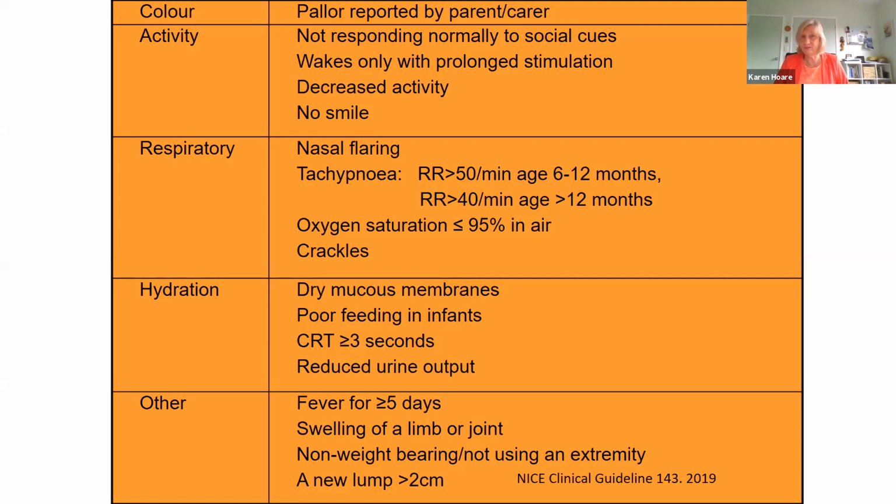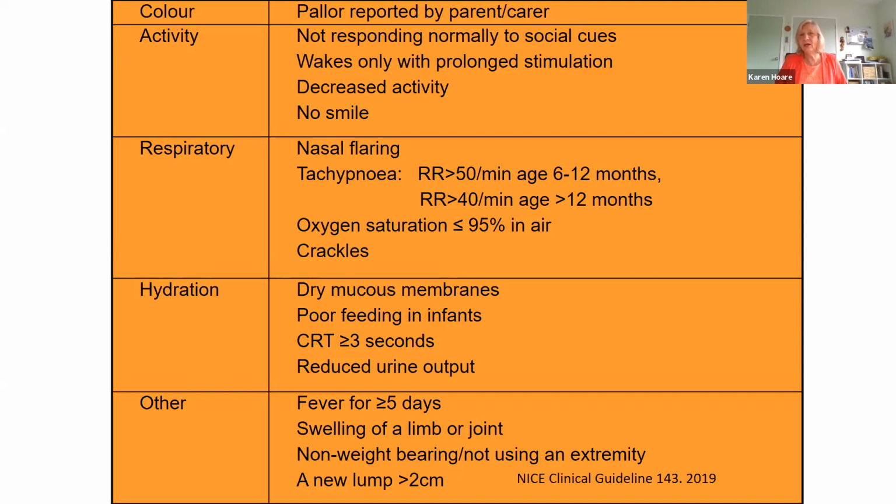So if they've had fever for more than 5 days, you would start to be concerned about Kawasaki's disease, a swelling of a limb or a joint, septic arthritis, non-weight bearing, not using an extremity, could be septic arthritis, leukemia, all manner of differential diagnoses, and a new lump more than 2 centimeters. So you would be wanting to see that child again, but not needing to send them directly to hospital.